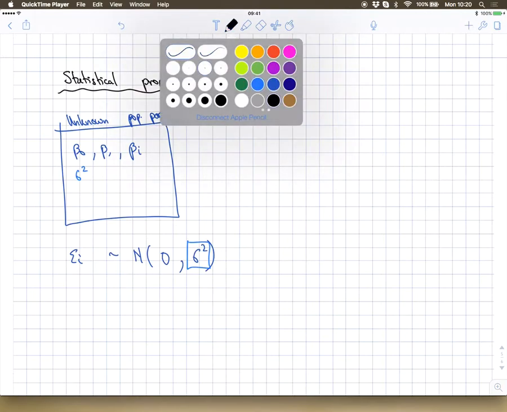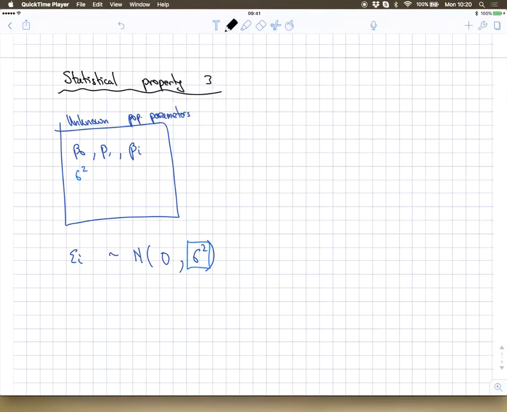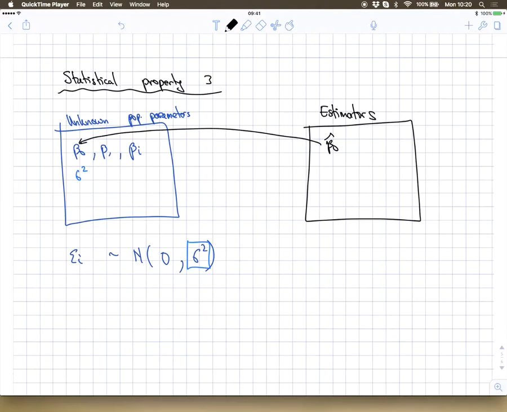For each of these unknown parameters, we're going to have some estimators. These estimators are going to try and make a prediction of what the true parameters are, effectively, okay? With estimators, we're going to put hats on them, right?